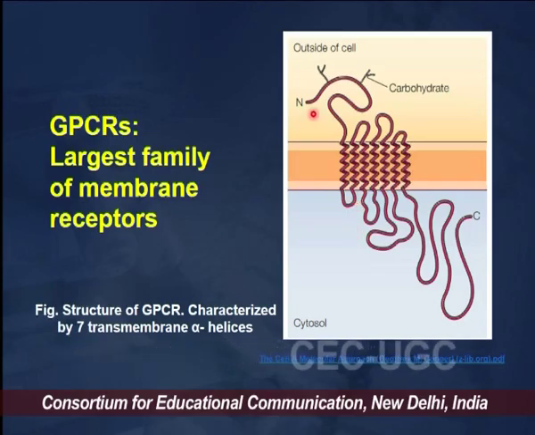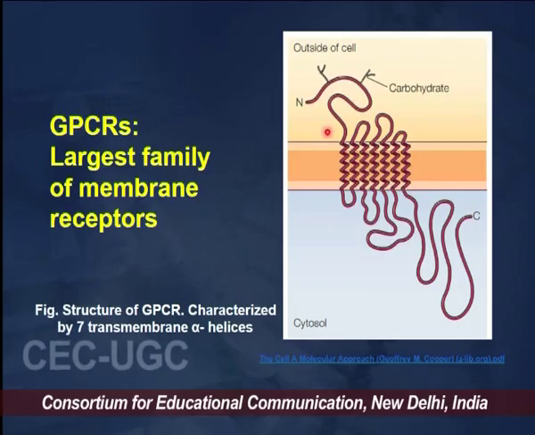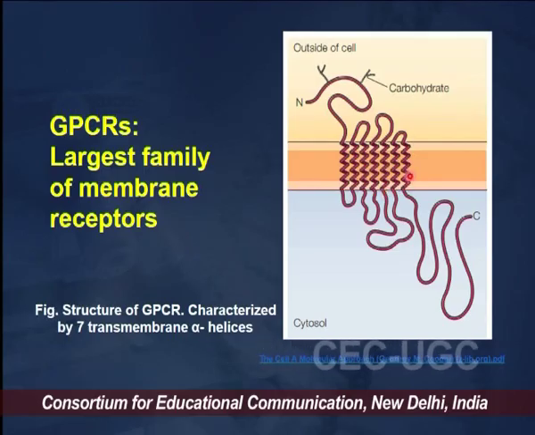This GPCR consists of an N-terminal domain which lies outside the cell, and then there are 7 transmembrane domains. That is why it is also called a serpentine receptor in some books.